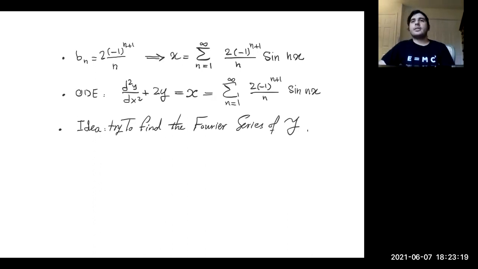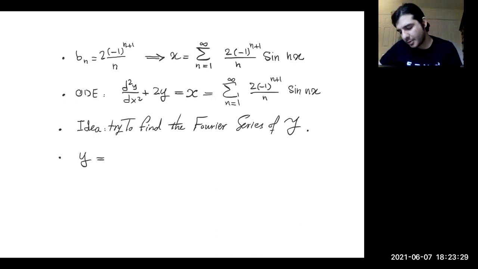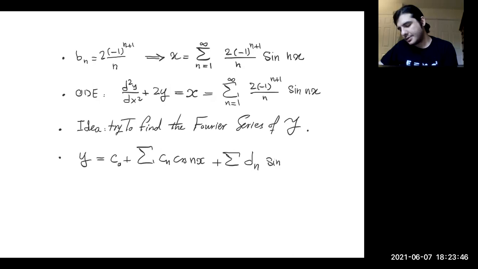And this would be a particular solution. So in general, we can write down y as a constant. Because we have used a naught and b naught, let's use some other constants. Let's say c naught plus sigma Cn cosine nx plus say dn sine nx.